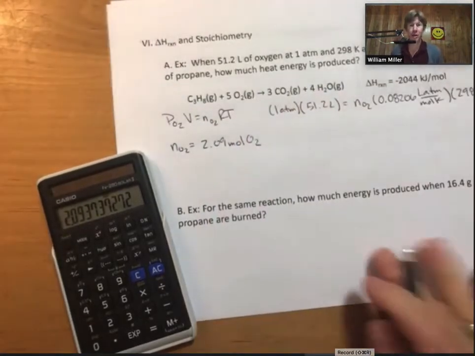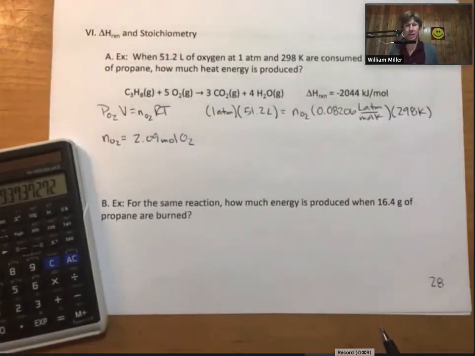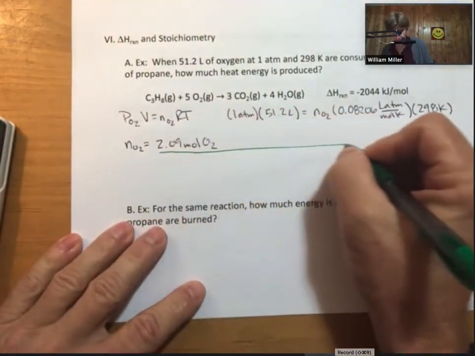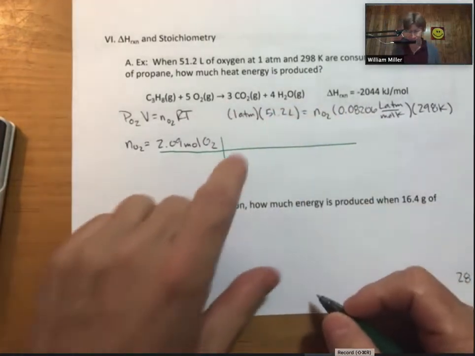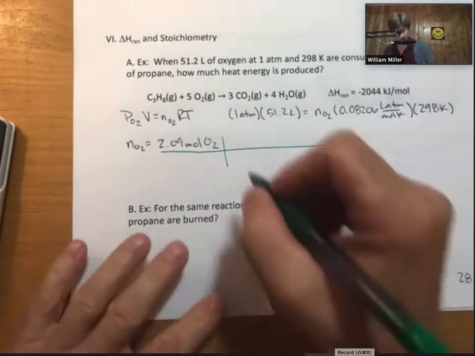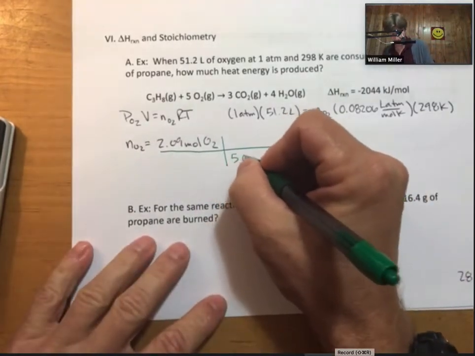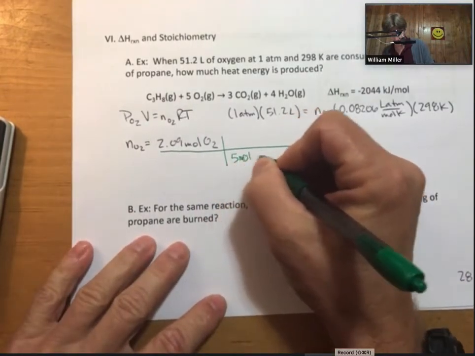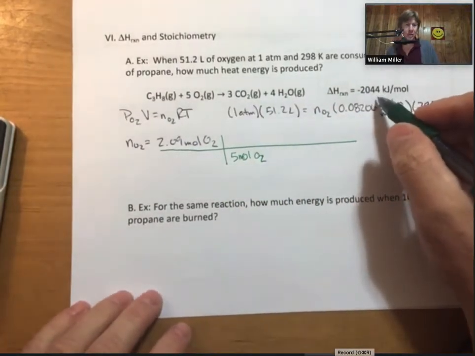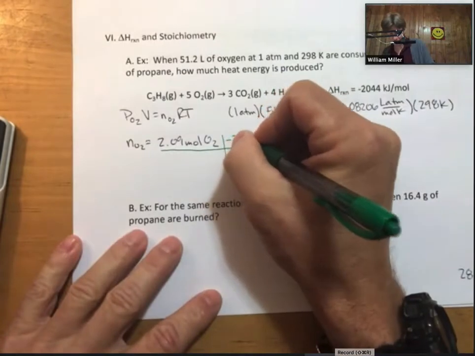As you know, I always do my ideal gas law separate from my picket fence, my system for doing stoichiometry problems. So I'll take my 2.09 moles. I know that for oxygen, for every 5 moles of oxygen, I get negative 2,044 kilojoules.